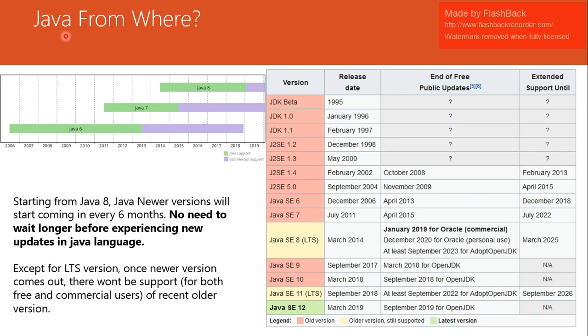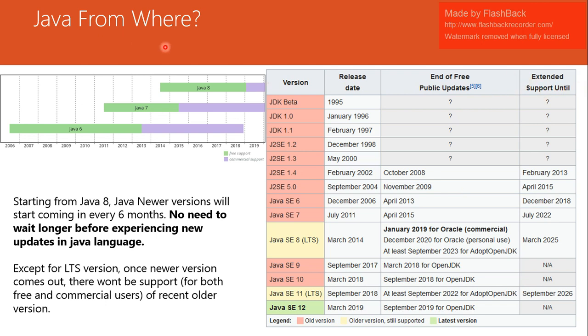Now, so Java from where and to where? Java of course has its histories, its version histories. So let's take a look at this picture from Wikipedia. You can see version, release date, end of free public update, and extended support until.